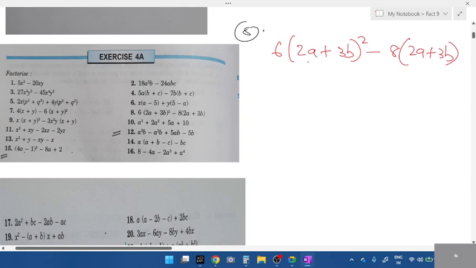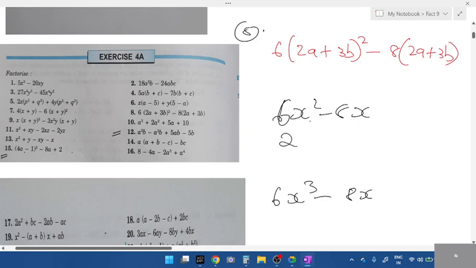Now tell me what is common. What's the first thing you have to do? 2 is common. Before solving this question, how do you solve this? Response, students. What is common to 6 and 8? 2.